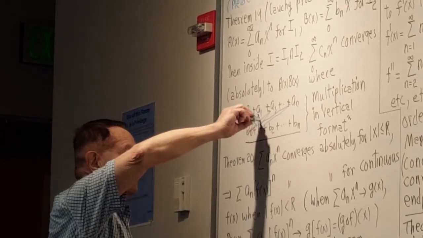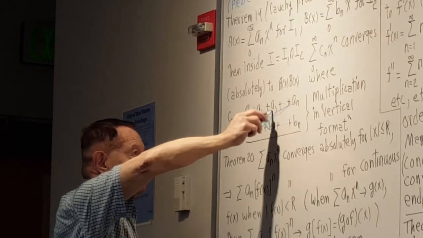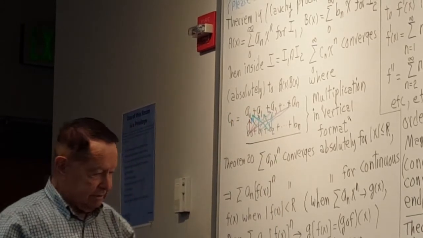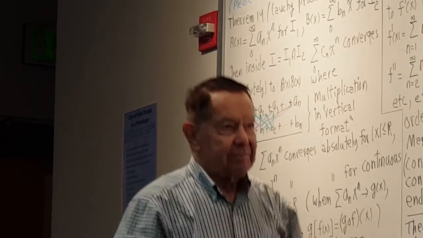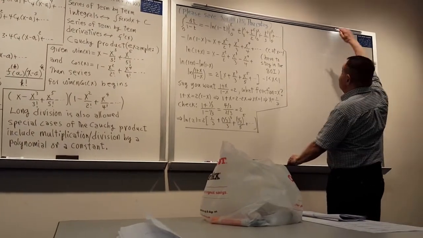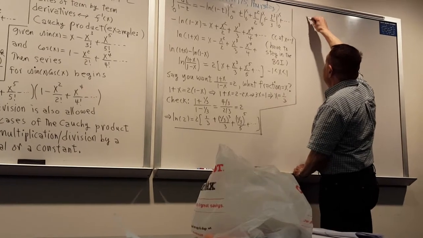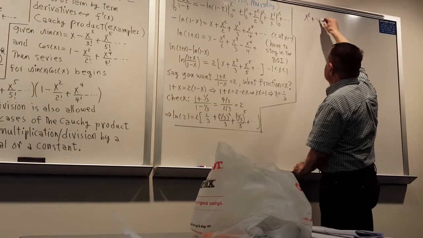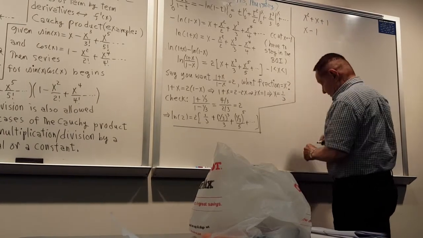So if you had a thing like this, for instance, let me go over here where I have a little room and show you a fairly simple example from algebra. So take the factors of, say, x cubed minus 1. So you have x squared plus x plus 1, and you have x minus 1.